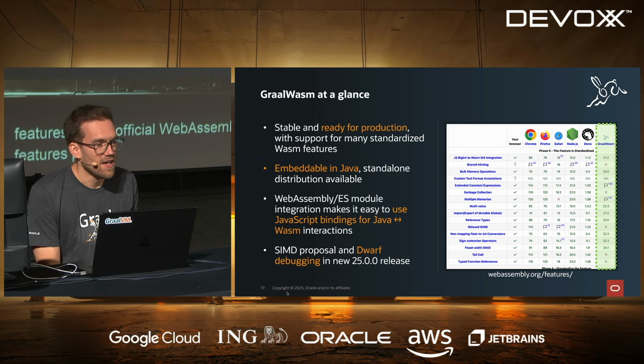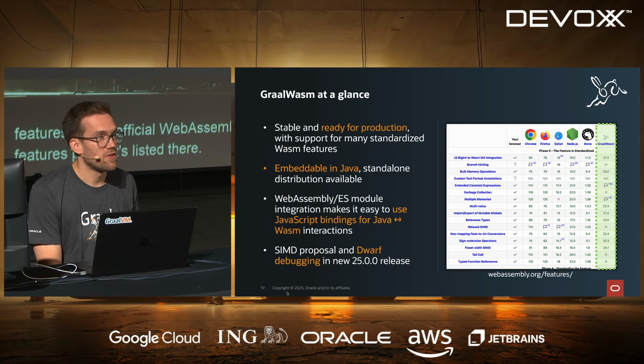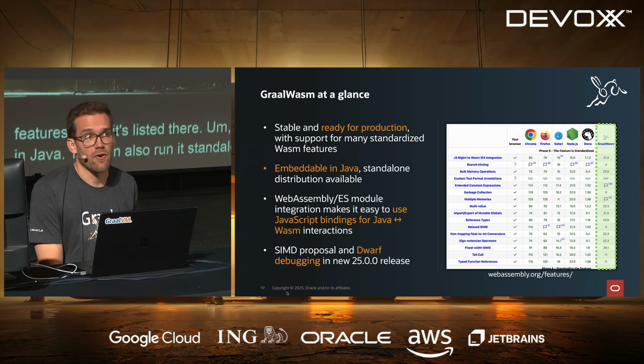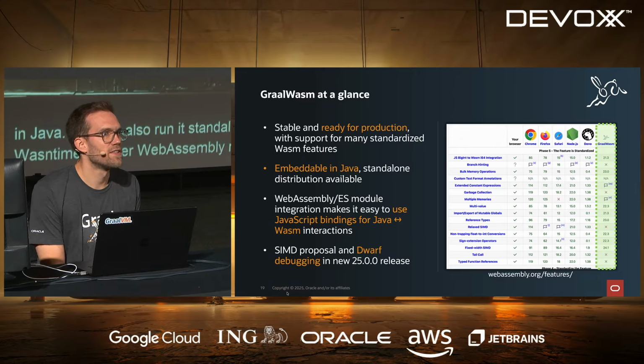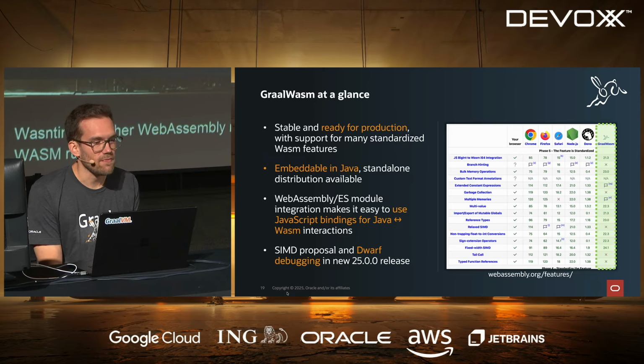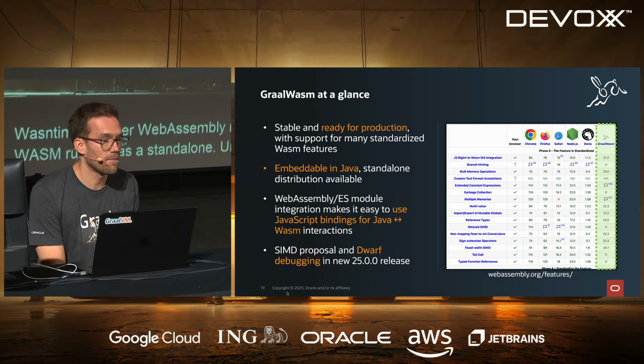I already mentioned you can embed this in Java. You can also run it standalone. So if you heard of something like Wasmtime or other WebAssembly runtimes, you can also use our GraalWasm runtime as a standalone. And it supports the ES module integration.